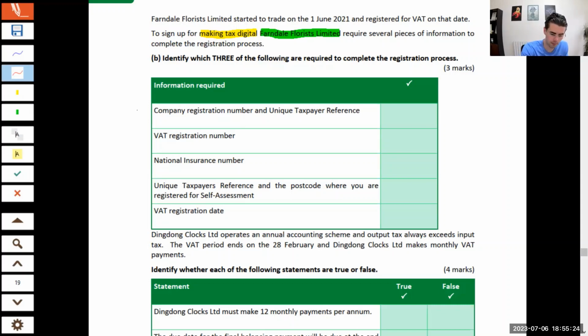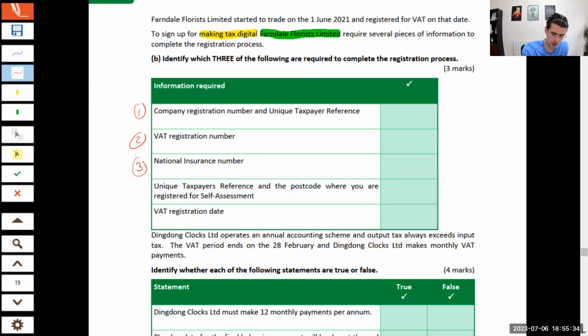Number 1 is company registration number and a unique taxpayer reference. Number 2 is the VAT registration number. Number 3, national insurance number. Number 4, a unique taxpayer's reference and the postcode where you are registered for self-assessments. Number 5, VAT registration date.